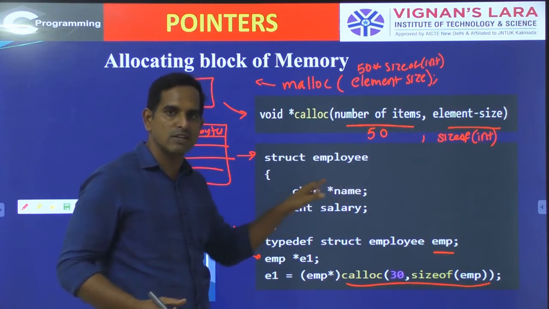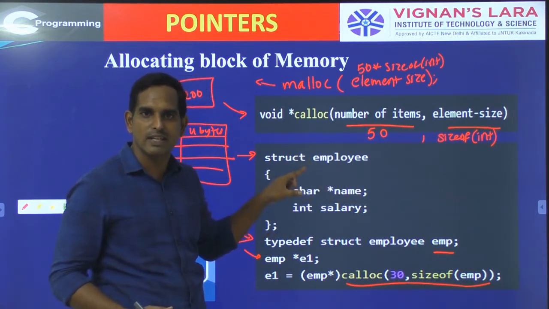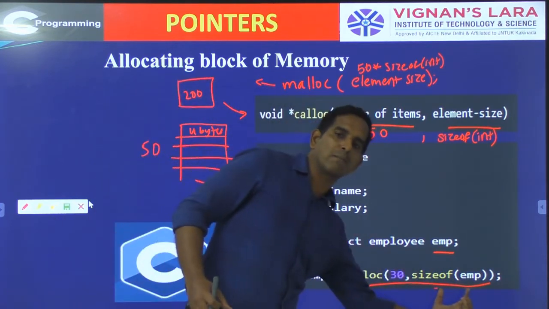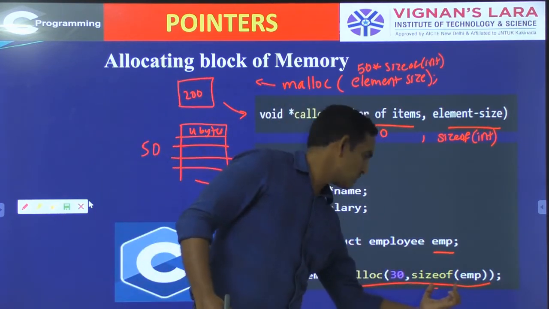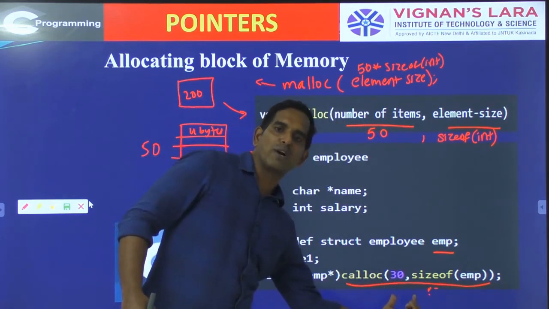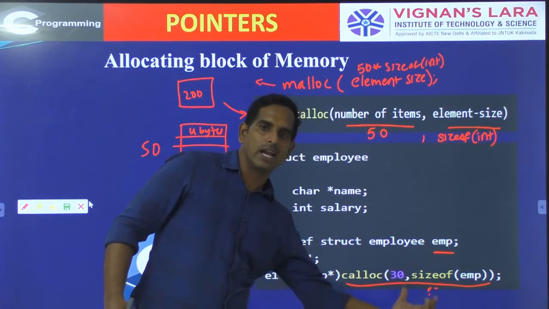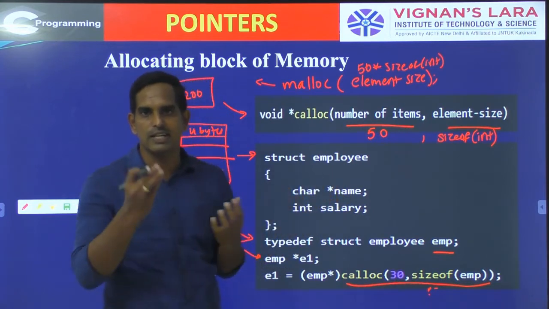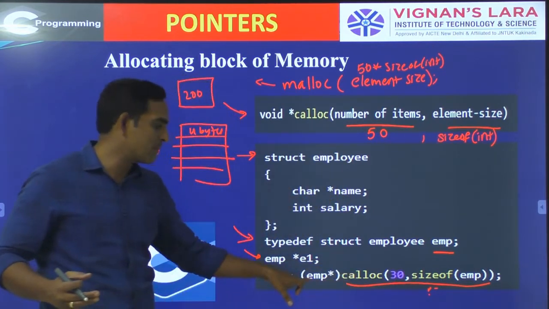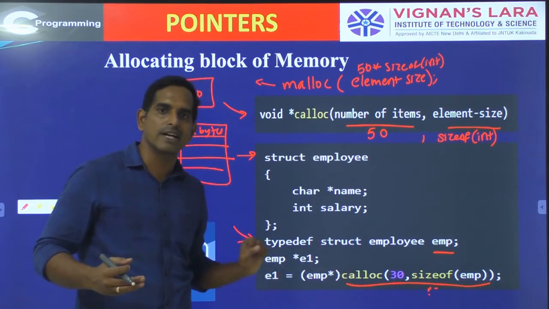Based upon the size of your employee object, that size will be taken here, and 30 employees' memory will be allocated.